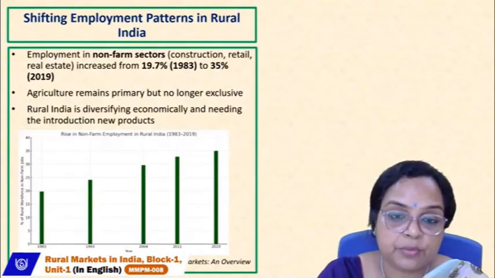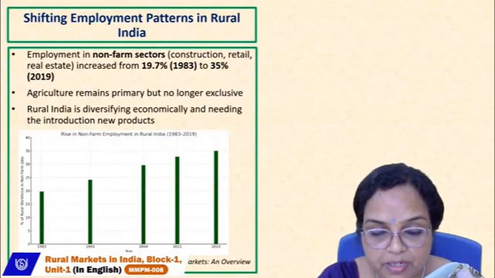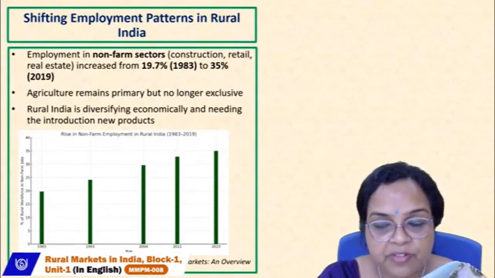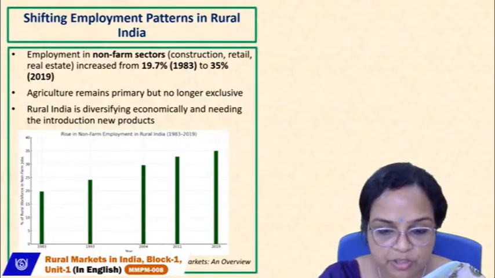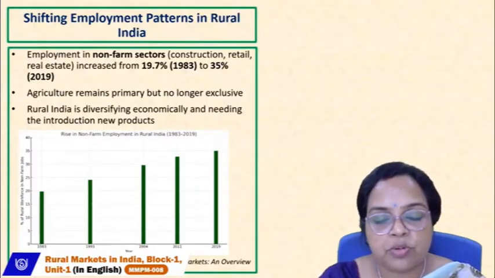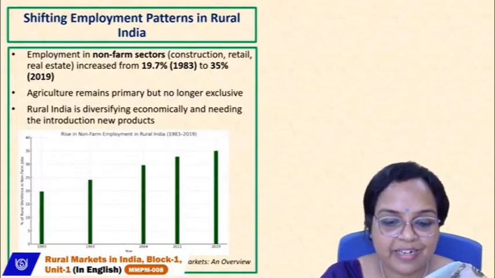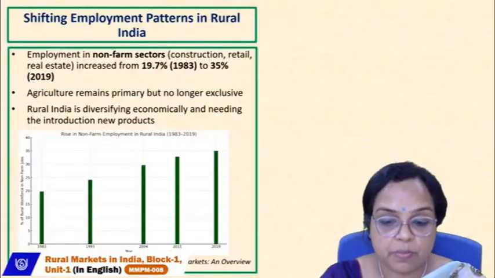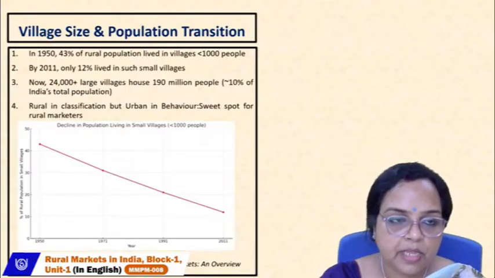Marketers can introduce new products as per their income slabs. Previously, marketers used to wait for the time of harvest to introduce their product, but this data shows that because non-farm jobs are increasing, marketers can introduce their product as per the requirement of rural consumers.